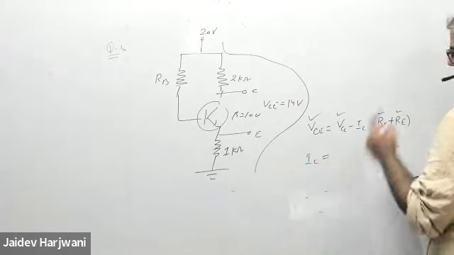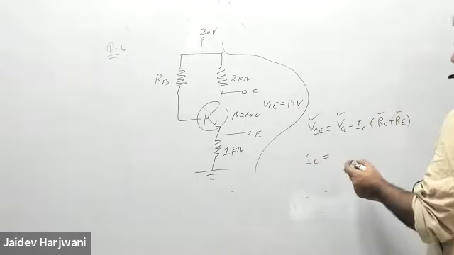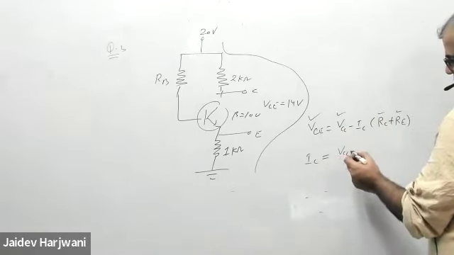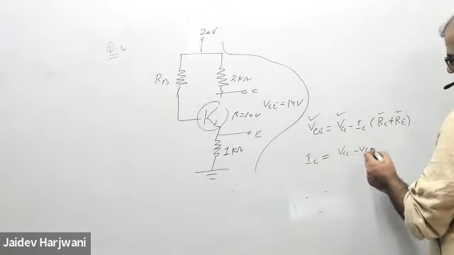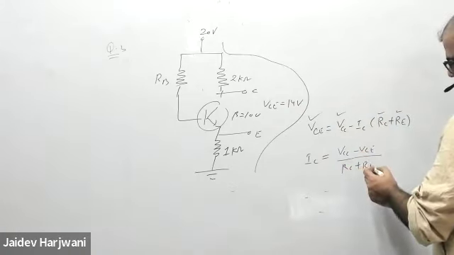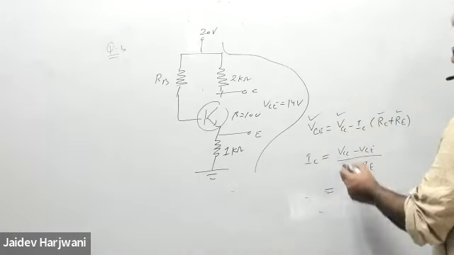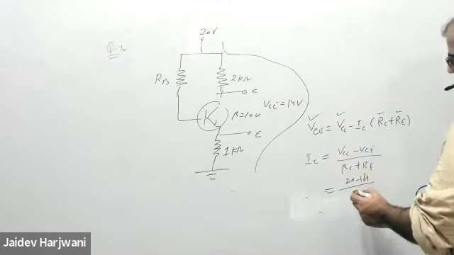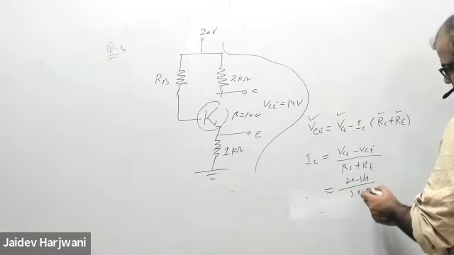So how much will the IC value come? IC value will be in milliamperes: VCC minus VCE upon RC plus RE. That is VCC is 20 minus 14, upon 2 plus 3 kilo ohm.